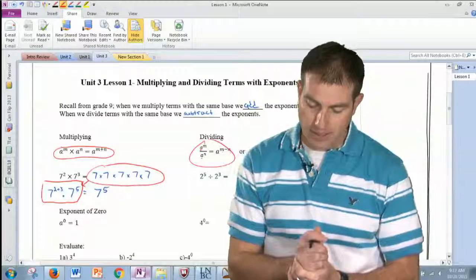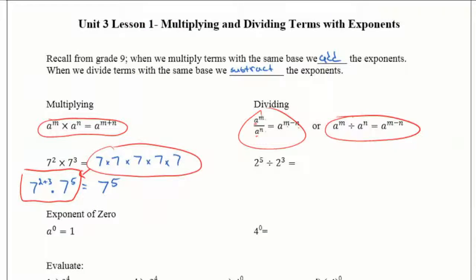So if I had 2 to the 5 divided by 2 to the 3, that would look something like this. I'd have 1, 2, 3. Oh, I don't want a 3. I want another 2. Another 2. 1, 2, 3, 4, 5 2s on the top.